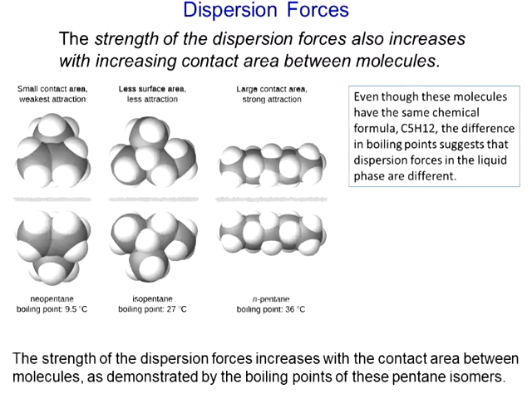I'll show you examples here, and you can tell this by the boiling points, which is one way that you can measure it. If we take a look at these pentane isomers, we note that neopentane has a boiling point of 9.5, because it's in somewhat of a ball.